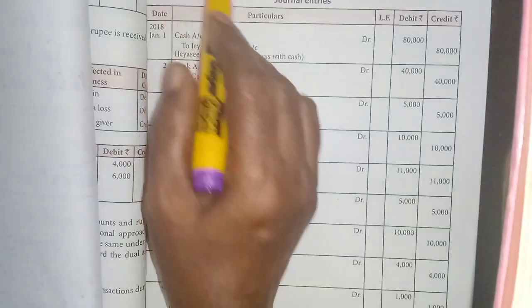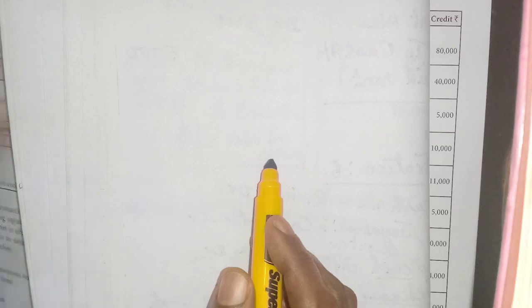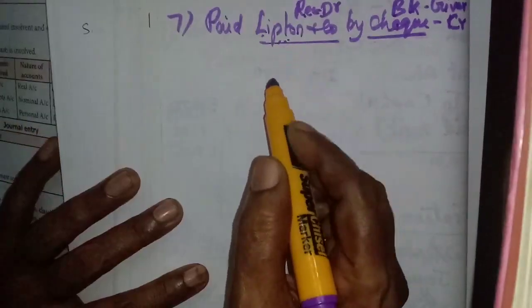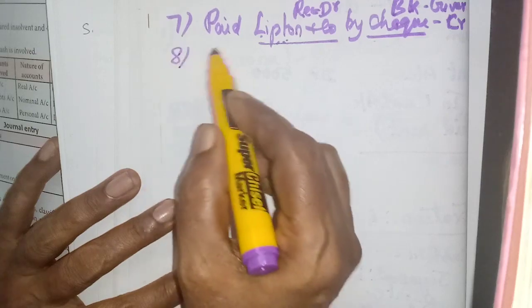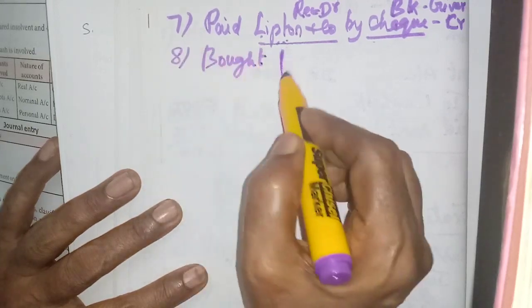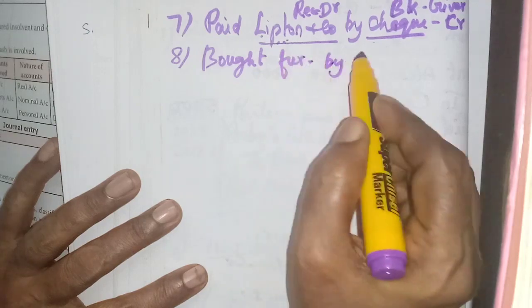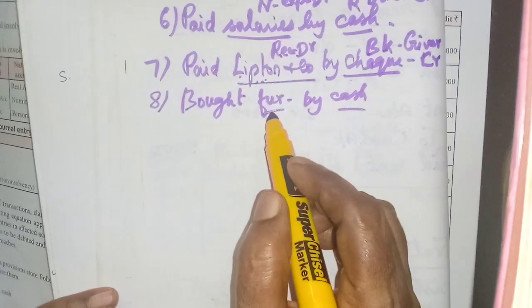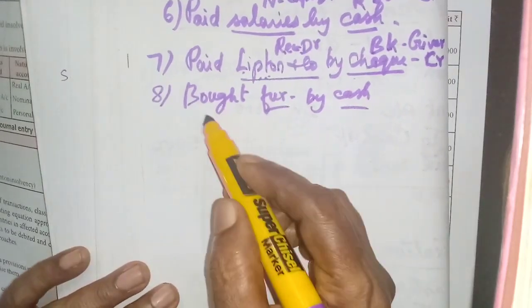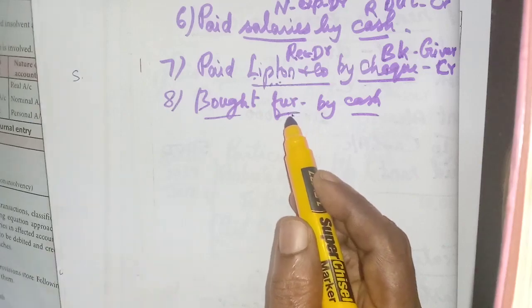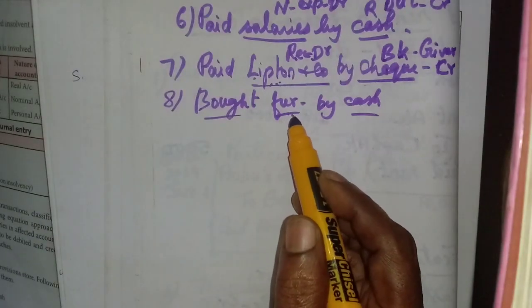Then eighth: bought furniture by cash. So one is the cash account, another is the furniture account, isn't it? So don't write purchases here. Furniture is an asset; if we purchase an asset, we should write only that asset's name.